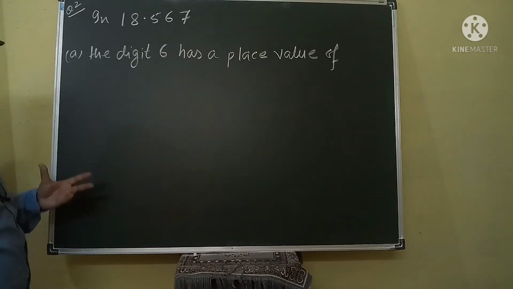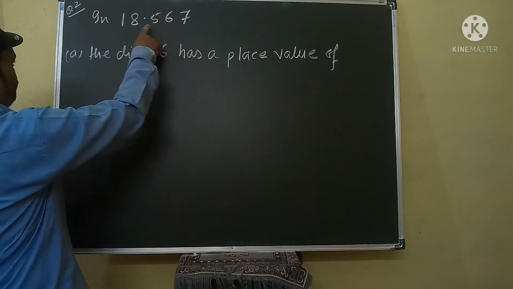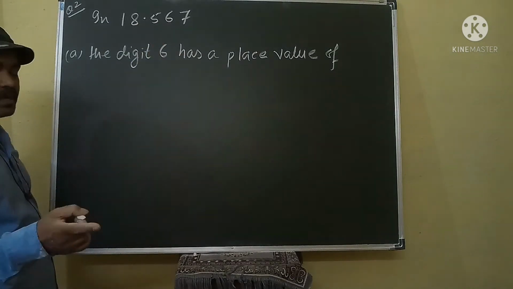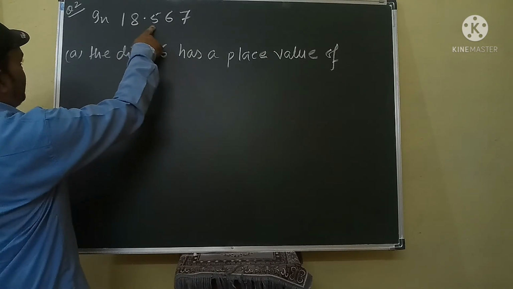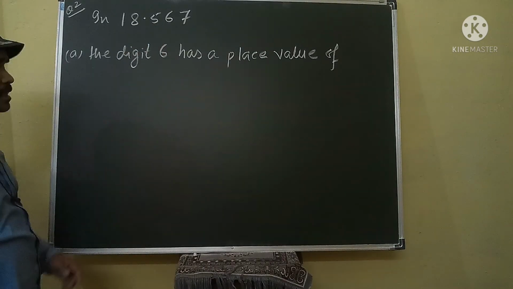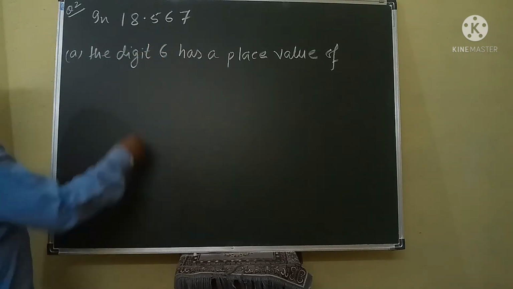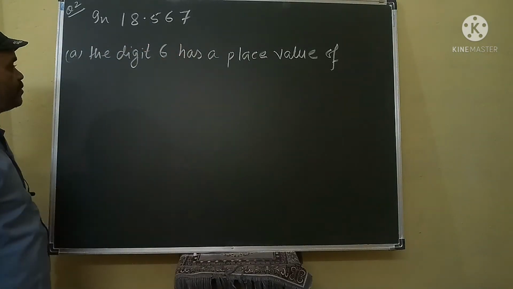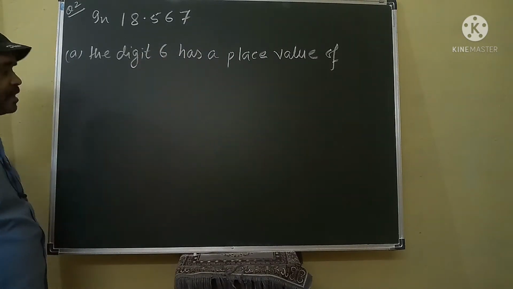According to the place value table, 6 is after the decimal point. 5 is in the 10th place, 6 is in the 100th place, and 7 is in the 1000th place.